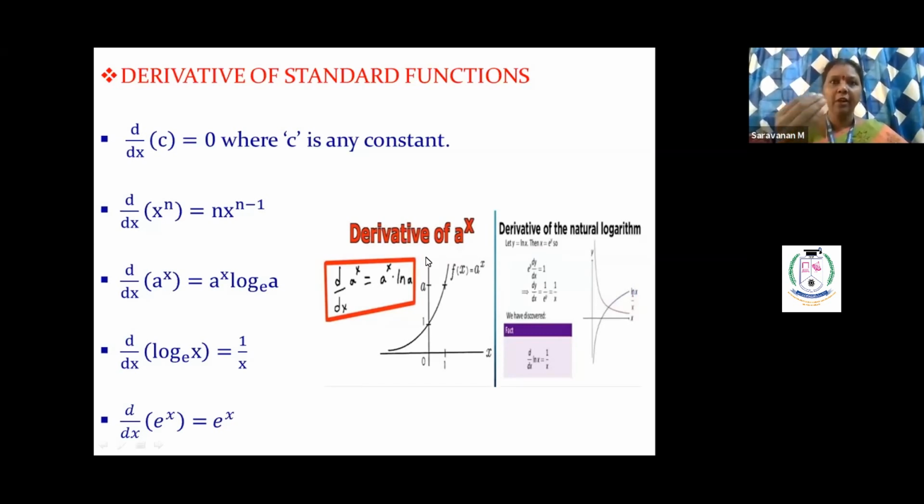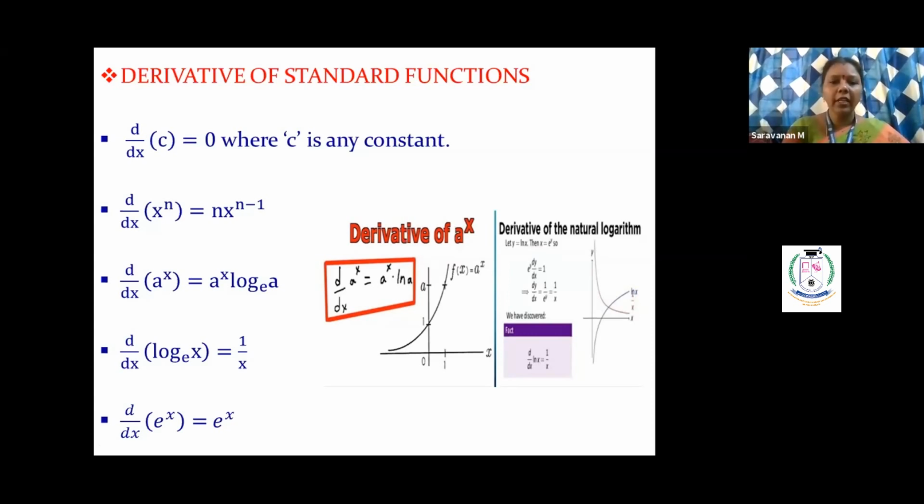Whatever the value of n, you can use this formula to derive the derivative. So d by dx of x power n is equal to n x power n minus 1. d by dx of a power x is equal to a power x log a. Log means it is always to the base e, natural logarithm.